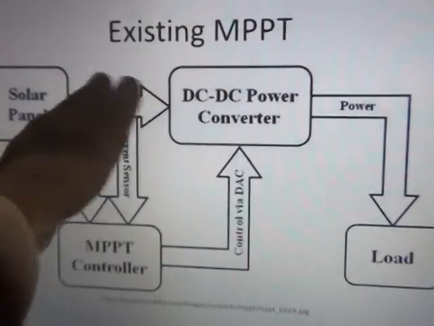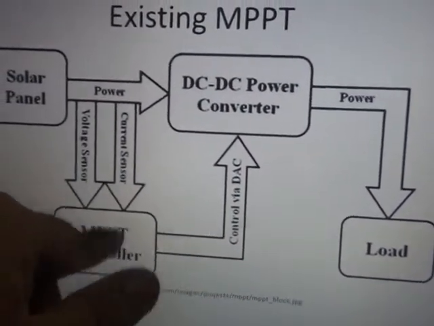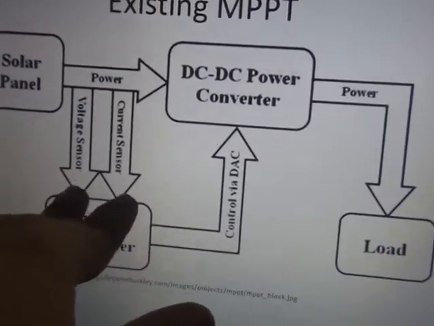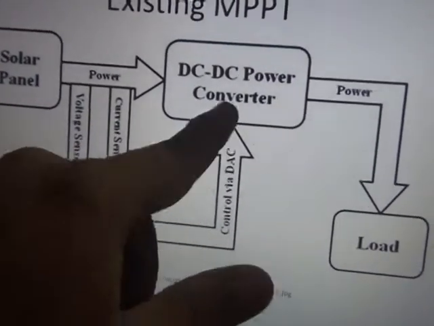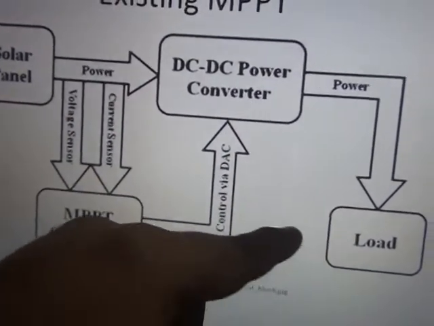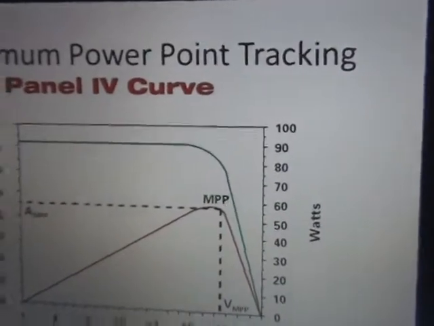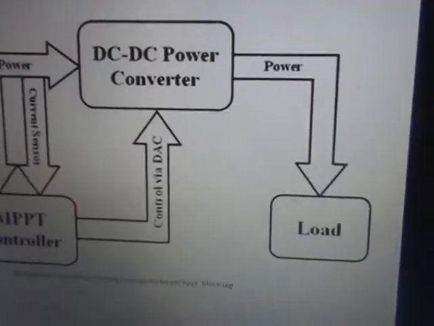So this is a simple system where the MPPT point is pre-fed in the controller, and we just monitor when I and V reach that point. At that time we start the converter and power is delivered to the load, and the load in this case is the battery.